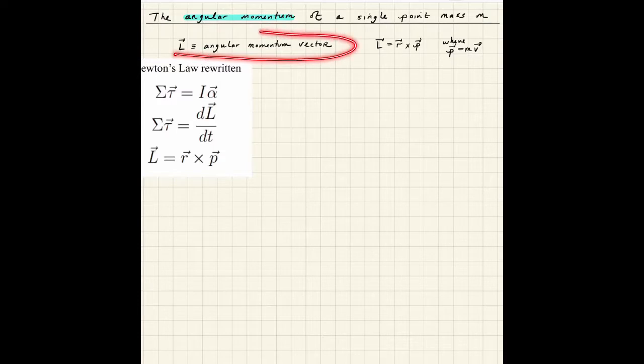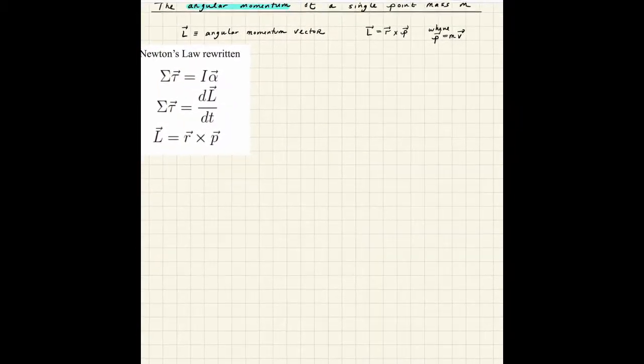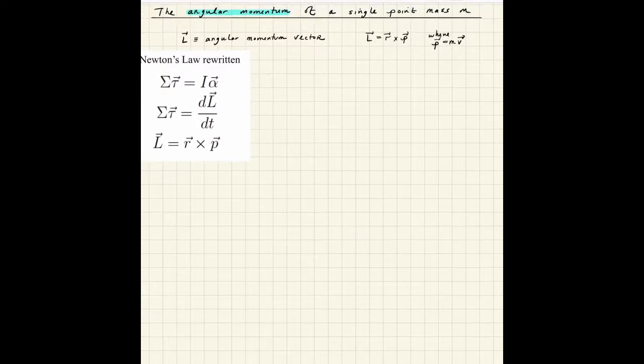Here's the symbol that we use for angular momentum. It's a vector. We use the L vector. And we're going to start by finding the angular momentum of a single point mass m. Now, I know that normally when we talk about angular momentum, or rotational quantities, we tend to talk about rotating rigid bodies. So we'd have an axis of rotation and maybe some body that moves around.